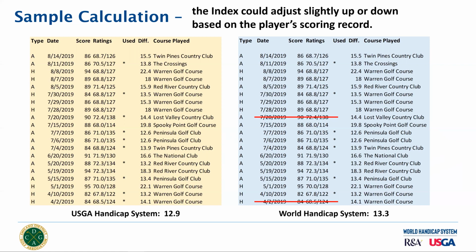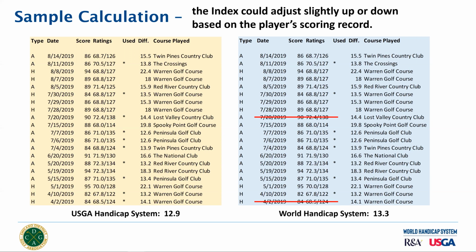So even though they might not have played golf between the time the 2019 season ended and the 2020 season starts, their index actually went up 0.4 of a point because the calculation process has changed. So it'll be quite likely early in the year as golfers start coming back out, they will notice this. And again, the reason is a new formula with 8 of 20 differentials, no longer using 10.